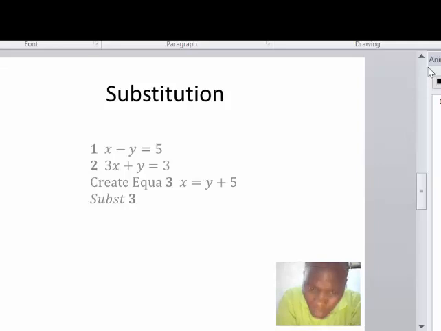So you substitute the third equation into what? Into the second equation. Now, once you start doing this, you are solving the problem. You will go then 3. Instead of writing x, you are going to write y plus 5. And then you will have your plus y, which will be equals to 3.